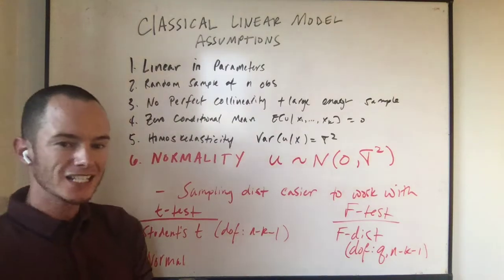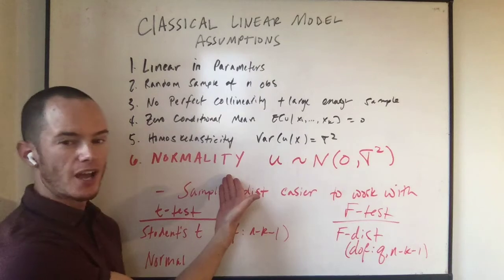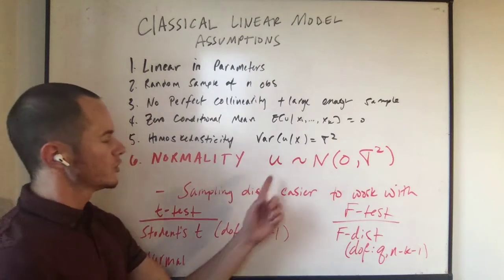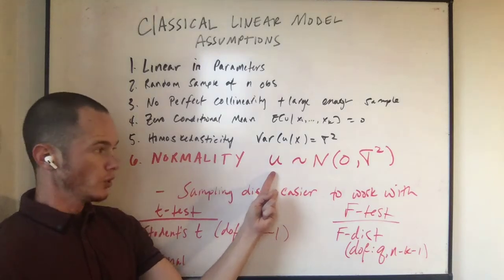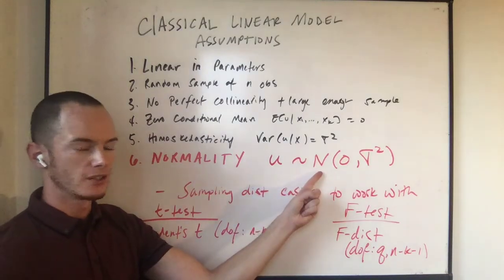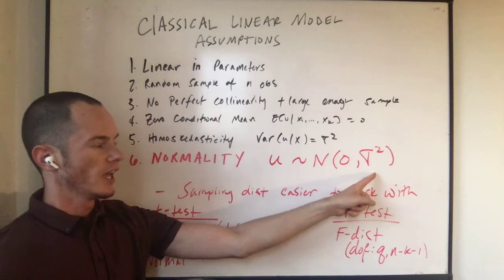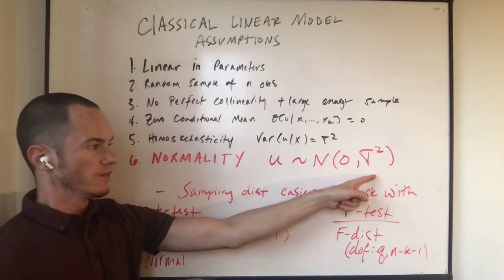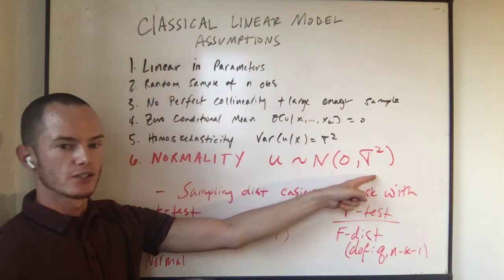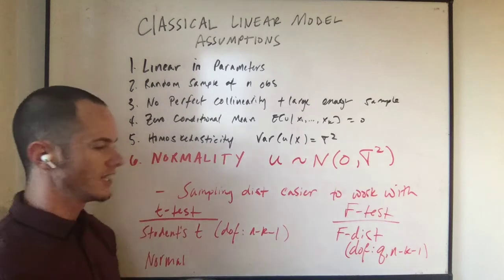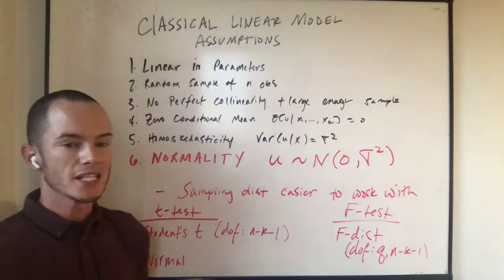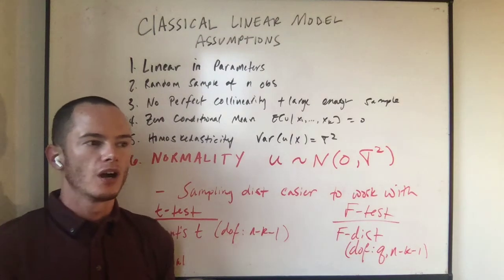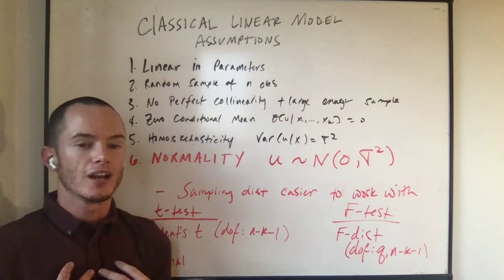We're adding a sixth, which is normality, we have here in red. We are assuming that the error term u is normally distributed with a mean of 0 and a variance of sigma squared. All right, so we're adding in this sixth assumption, and we bring this in really to make our lives easier.